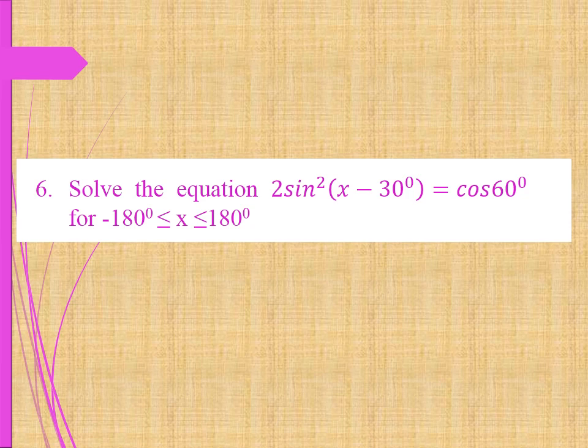Question 6. Solve the equation 2 sine squared(x minus 30) is equivalent to cos 60 for the range negative 180 less than or equal to x less than or equal to 180.